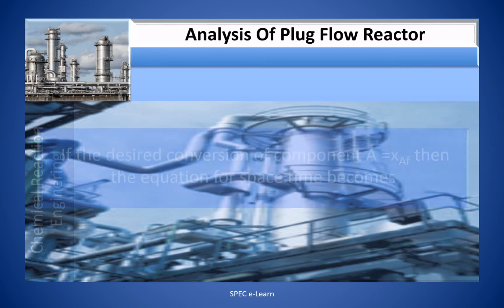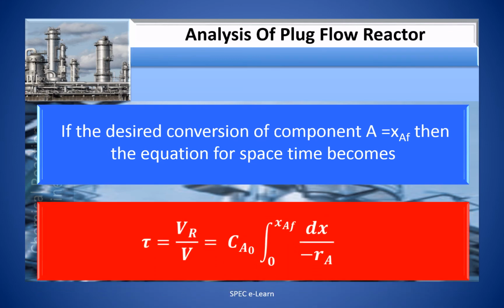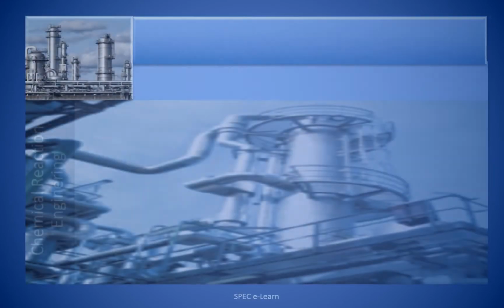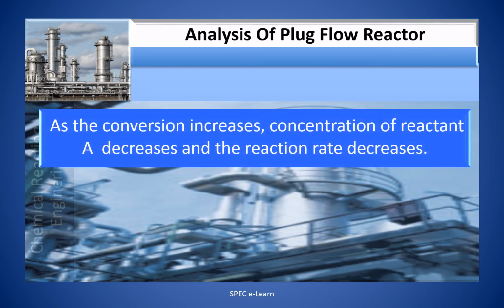If the desired conversion of component A is XAf, then the spacetime is obtained by integrating the above equation from 0 to XAf. As the conversion increases, the concentration of reactant A decreases and the reaction rate decreases.